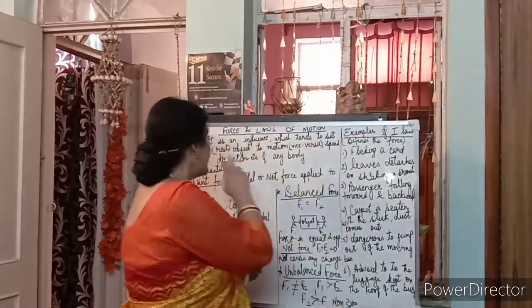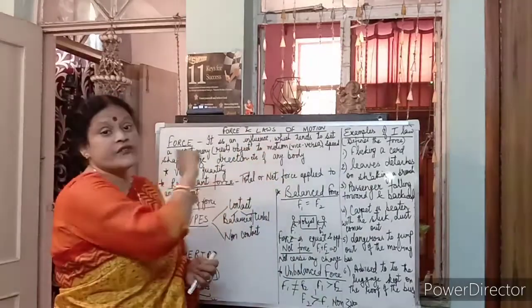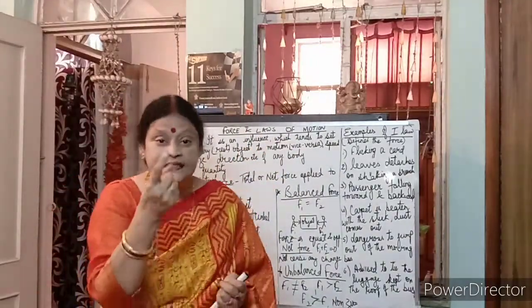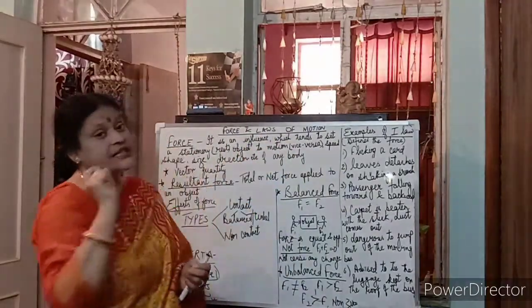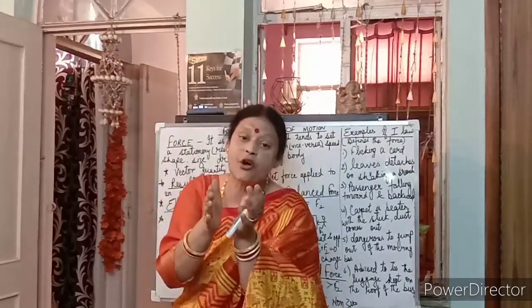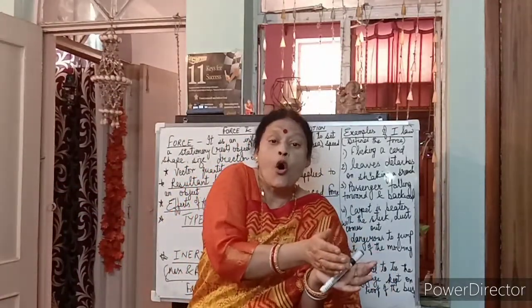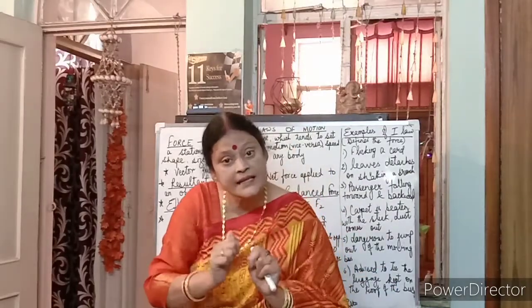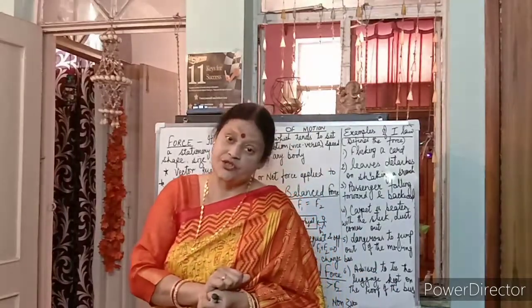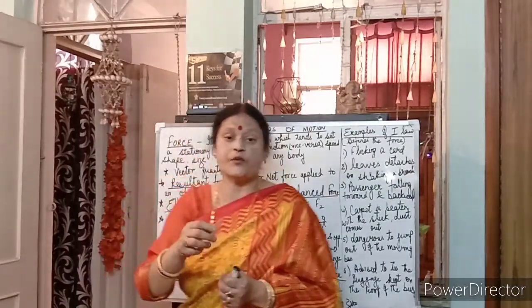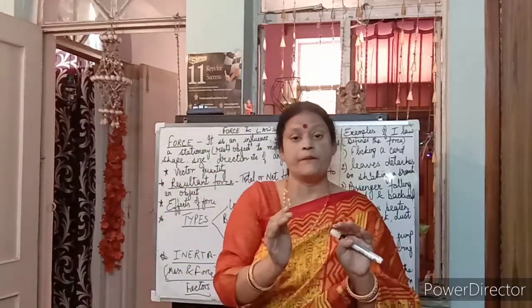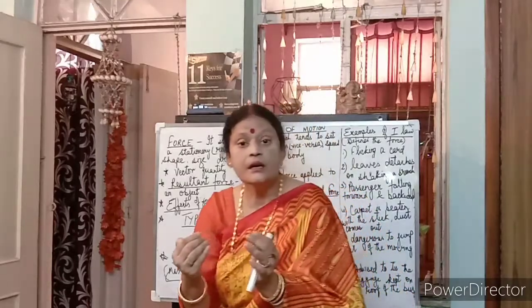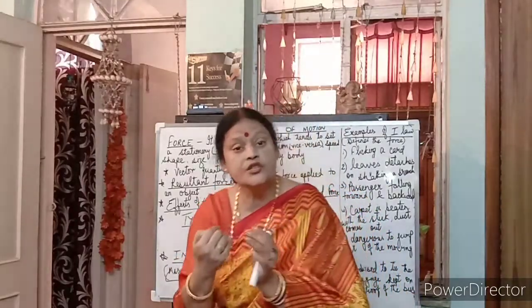Force is an influence which tends to set a stationary object, or the rest object, into motion, or if any object is in the state of motion, it will set it into rest position. Clear?